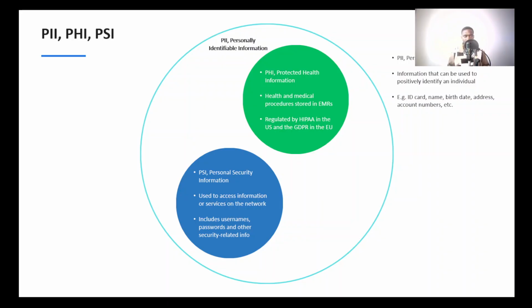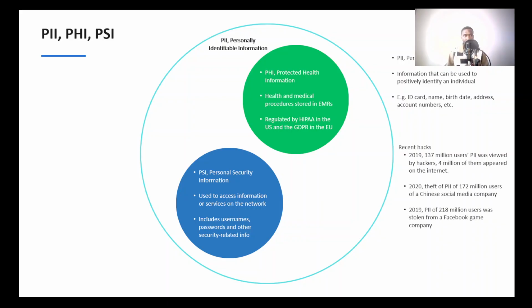All of these things constitute PSI, security questions. They are all personal security information. Now, there's a lot of information that doesn't fit in these two categories, okay? But whatever doesn't fit in PHI or PSI is known as just simply PII, okay? Information that can be used to identify you as an individual.